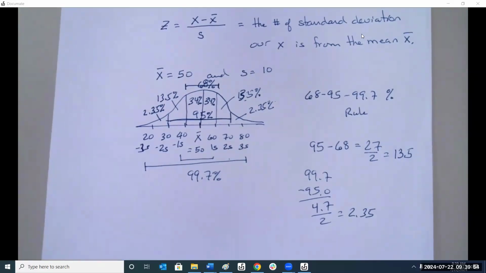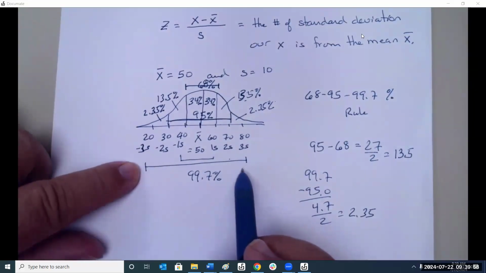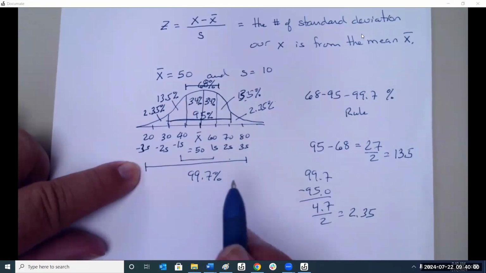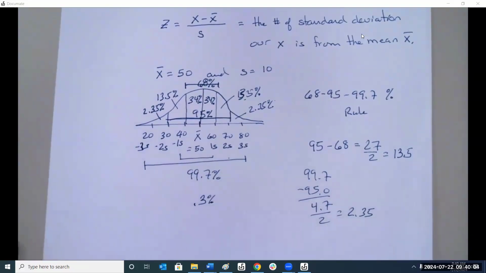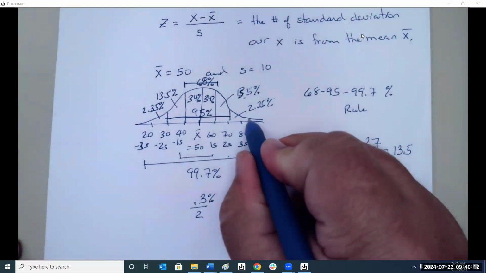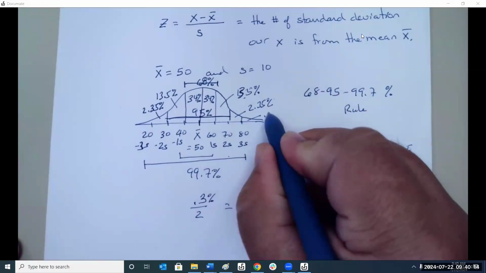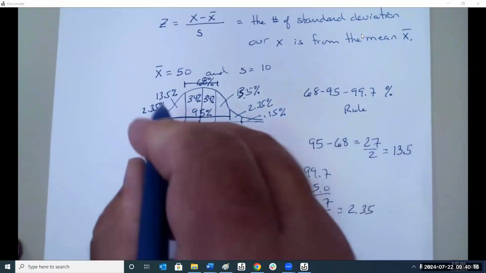Which means now we have the tails, the very far ends. Since everything within 3 standard deviations is 99.7, that leaves 0.3% left. If we divide 0.3 by 2, we get 0.15%. So that's how much is in the small tails at the end, 0.15%.